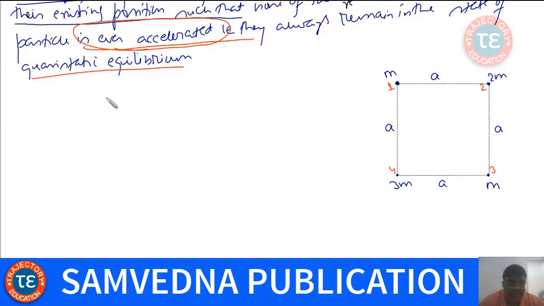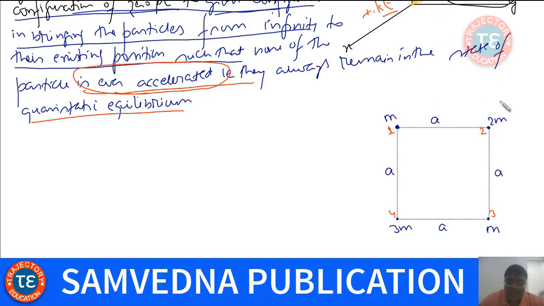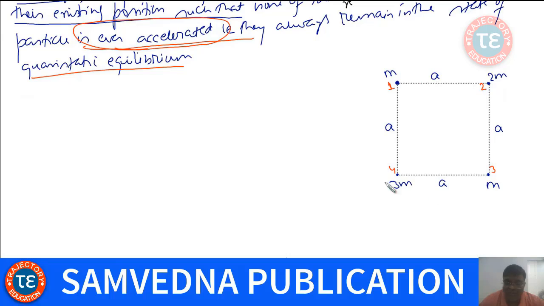You labeled it, okay? Now, as per our definition, the gravitational PE for the system of particles would be the work done in bringing these particles from infinity to their given positions such that none of the particles is ever accelerated. So suppose this is the configuration.